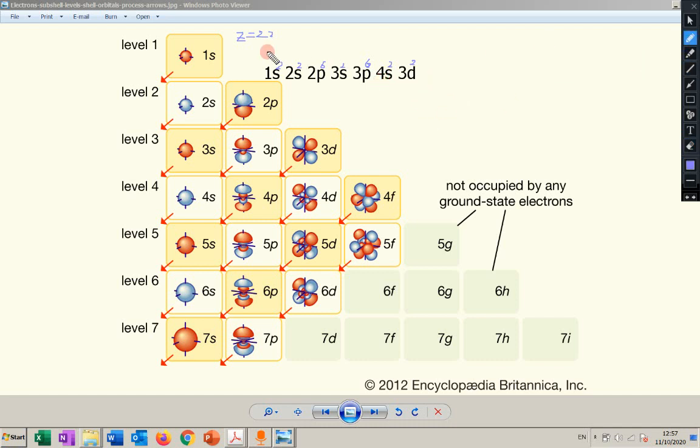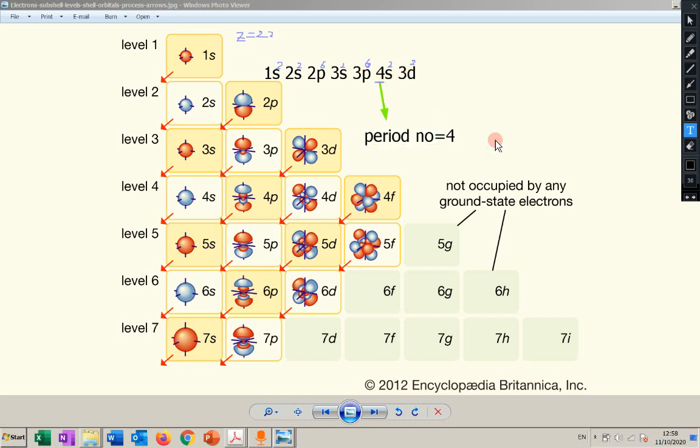The first thing is that the highest level is 4. This 4 is going to give me the period number. The period number will be 4, the 4th row, because the highest level within this electron configuration is 4. This is the first thing we know.